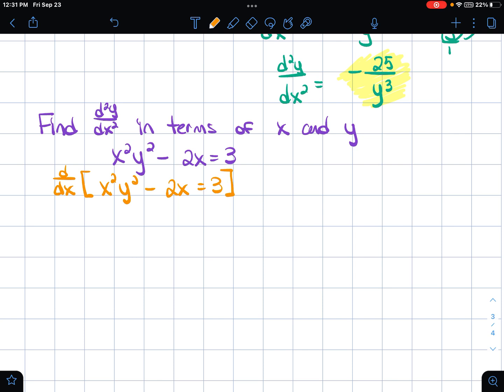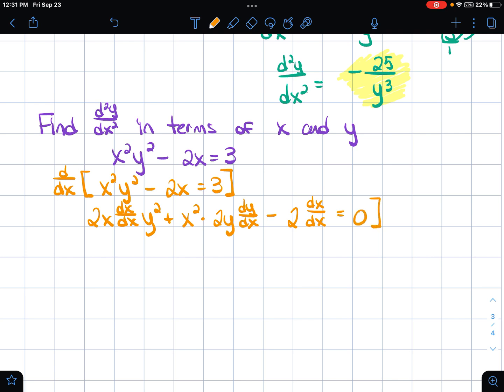So using the product rule, I'm going to find the derivative of x squared. So that's 2x dx over dx without changing the y squared, plus the x squared unchanged, times the derivative of y squared, 2y dy/dx, minus the derivative of 2x, 2 dx/dx, and the derivative of 3 is 0.